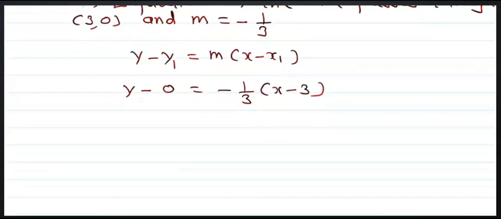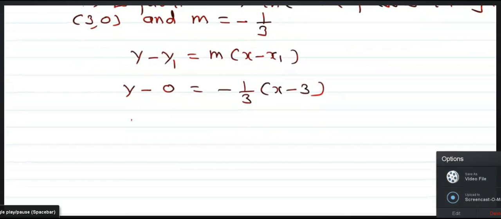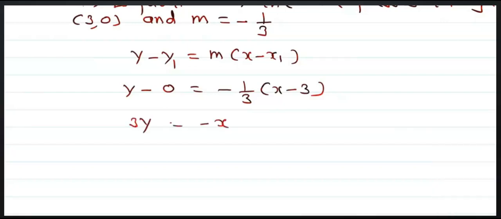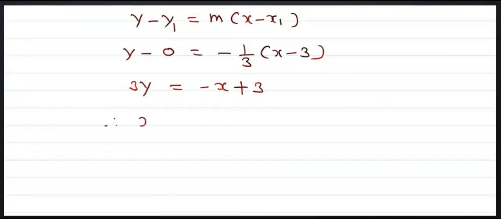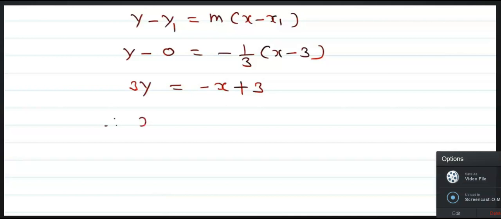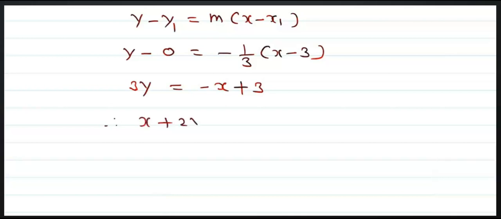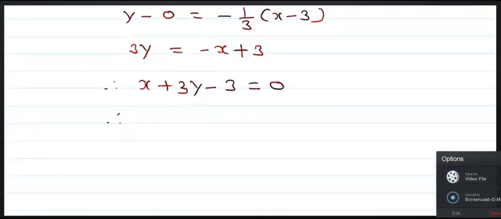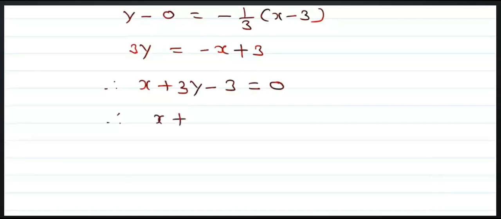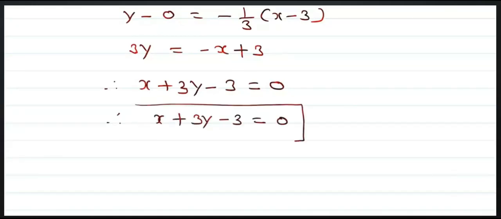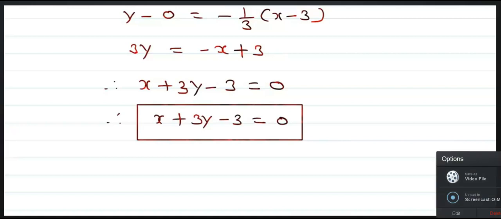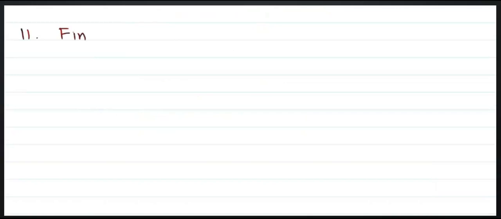You will get y minus 0 is equal to minus 1 upon 3 in bracket x minus 3. Therefore, 3y is equal to minus x plus 3. Therefore, x plus 3y minus 3 is equal to 0. This is our required line.